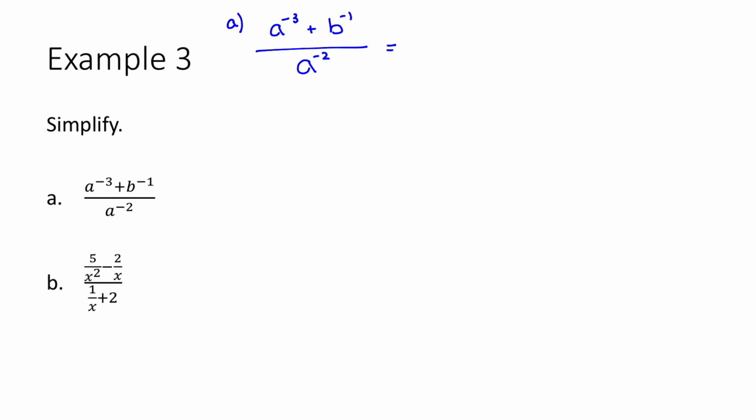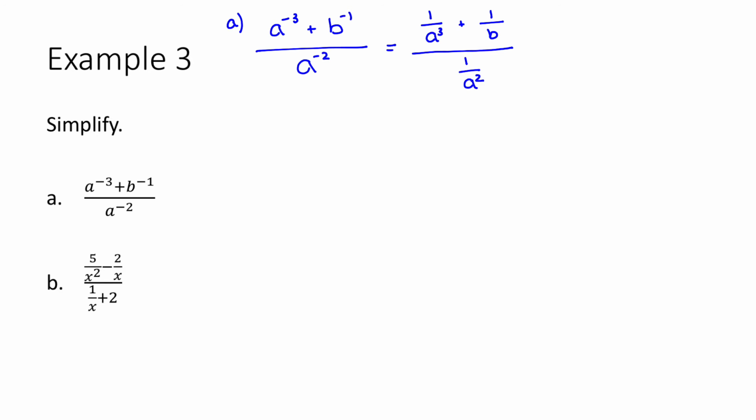So I'm going to rewrite each of these without negative exponents. So that means I have 1 over a to the positive 3 plus 1 over b to the positive 1, and then that's 1 over a squared. So I just do that within the term, make a fraction.